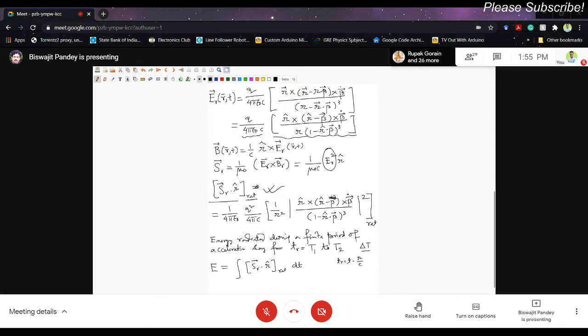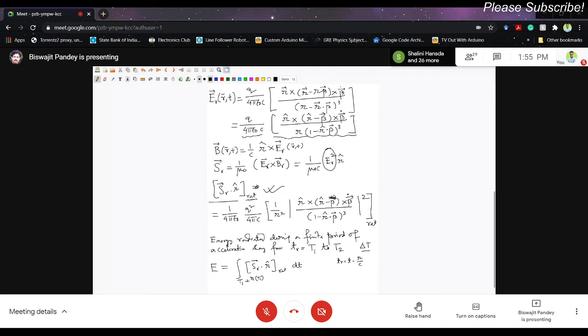So the time limit should be t equal to tr plus r by c. The lower limit is T1 plus curly r at time capital T1 by c.